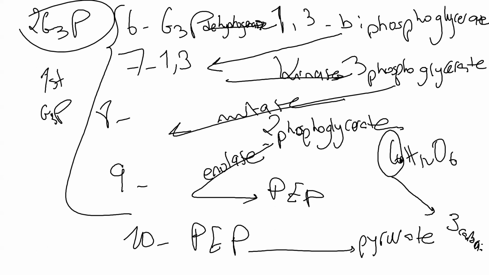So glucose is getting decomposed, reaching the end of glycolysis. But we didn't finish yet. We didn't finish all the carbons. We only decomposed half of this glucose. So the enzyme here from PEP to pyruvate is kinase enzyme.